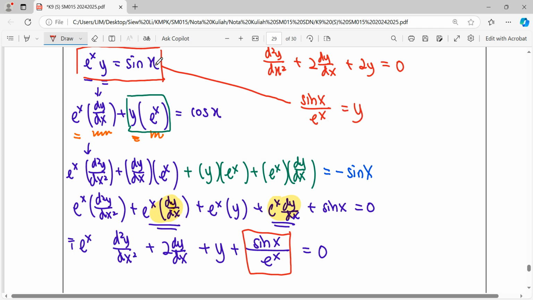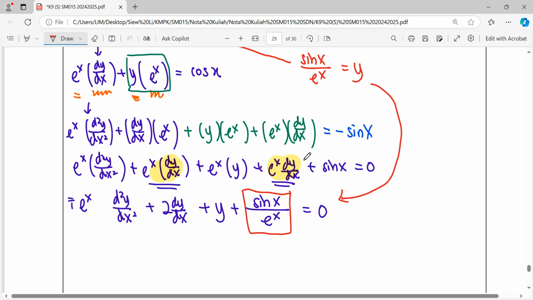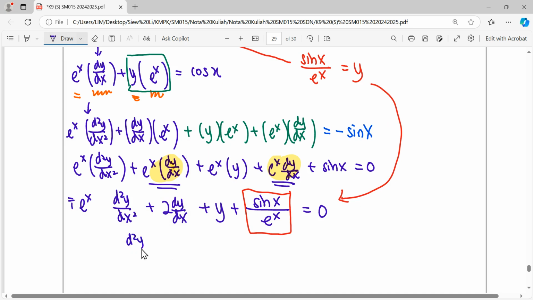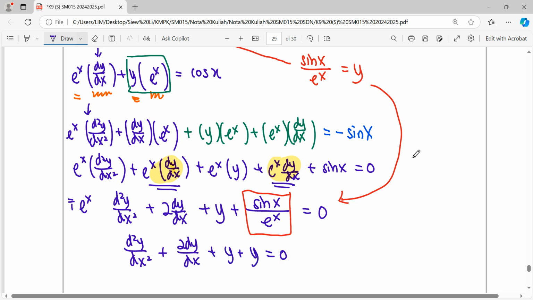Move your e^x to the right hand side, you will get y equals sin x over e^x. So this term can be substituted as y. Therefore, y plus y equals 2y.